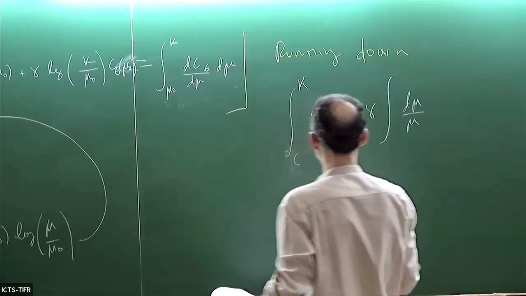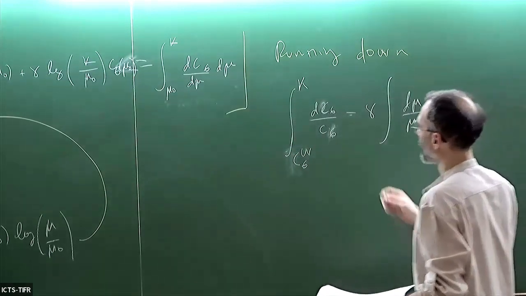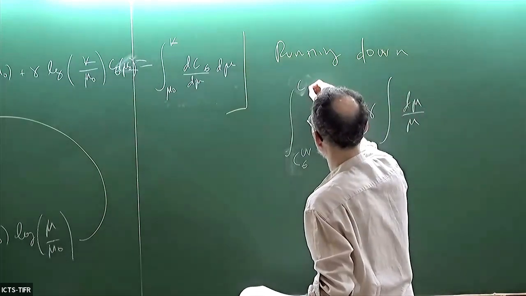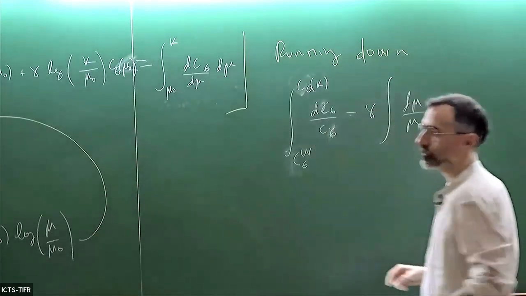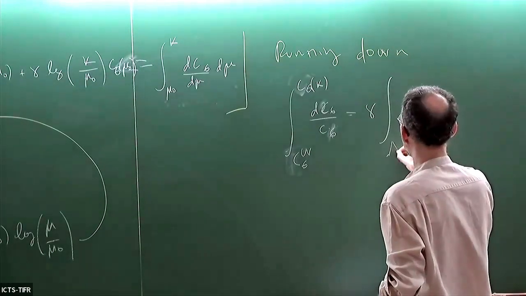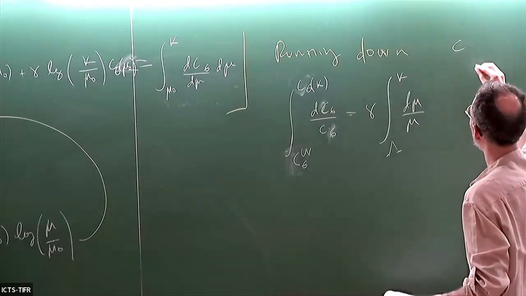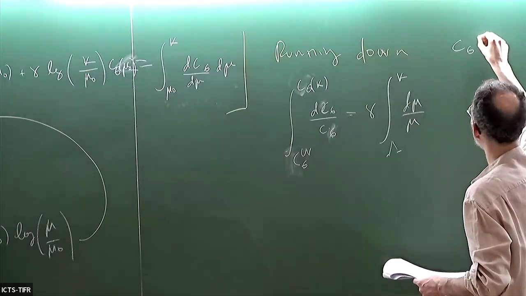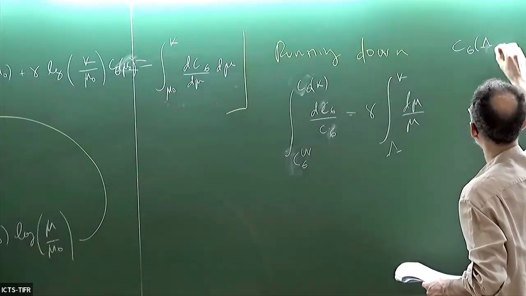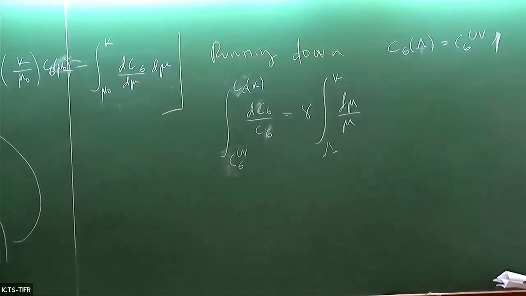This is C6 in the UV, and then this is C6 at K, just like X of T, and this is from lambda to K. The initial condition in here is that C6 at lambda is C6 UV. And this we have computed in the second lecture.